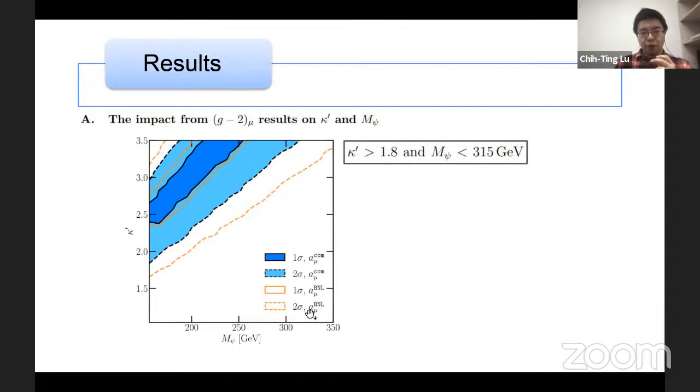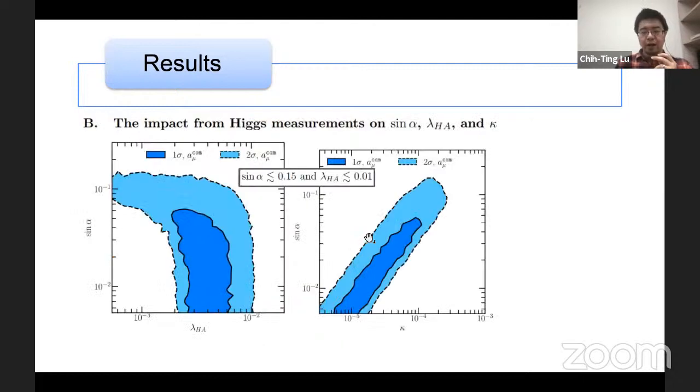And you can also see in this parameter space that the new combined result from Fermilab largely shrinks the allowed parameter space.